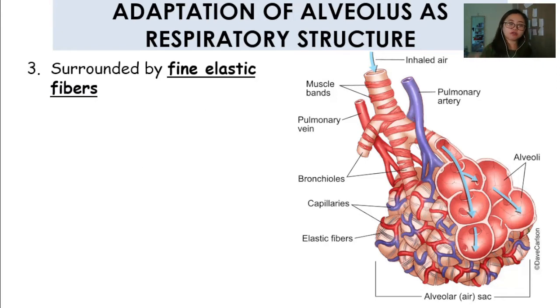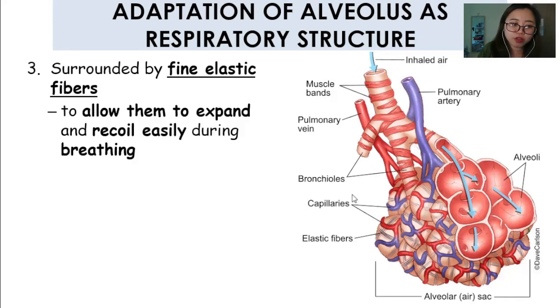Third adaptation of alveolus as a respiratory structure is they are surrounded by fine elastic fibers. Kalau kamu rasa kamu tidak nampak mana itu fine elastic fibers, I advise you to zoom in on the diagrams. Kamu nampak di sini yang ini, elastic fibers ini, dia melitupi semua alveolus. Why is the fine elastic fiber a main point?